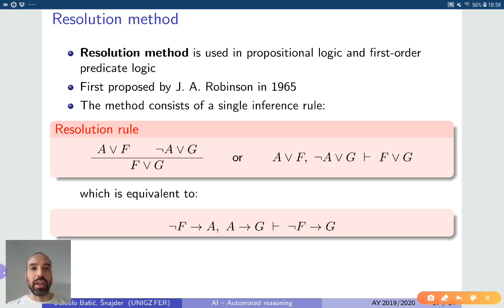One thing that can help you to remember what the rule does is to think of the rule as cancelling out the atoms that are of opposite polarity.